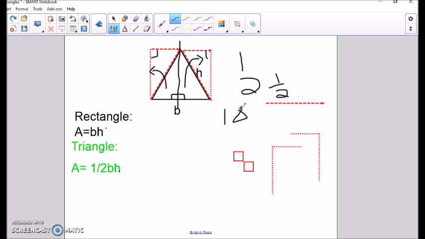And so two triangles make up one rectangle, so that's what we figured out. These two halves make up one, and then the black makes up one, and that makes up the rectangle. We learned before that for a rectangle, the area is base times height. And so the area of the triangle would be 1/2 base times height.